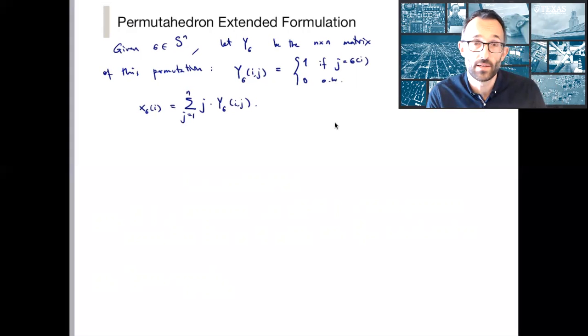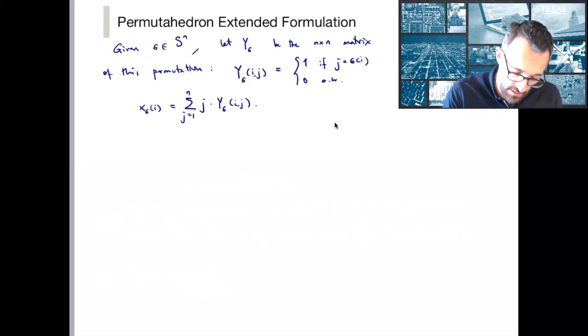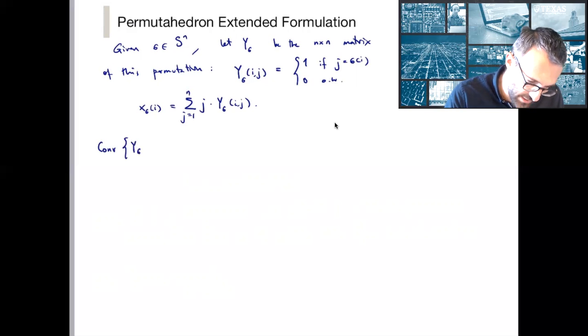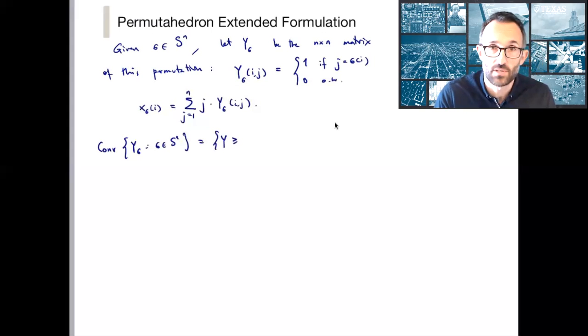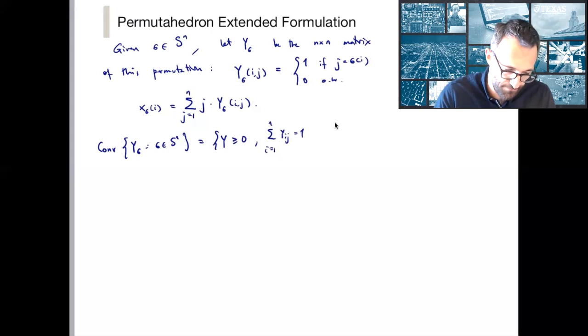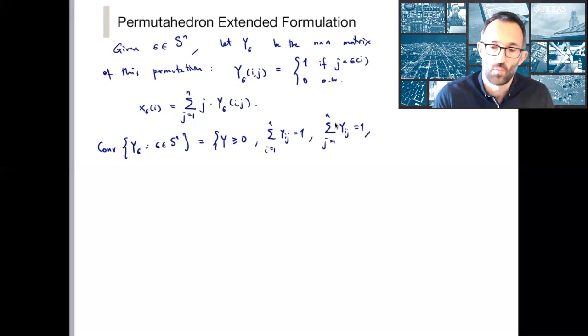Now let's look at what is the convex combination of all y sigmas. Again, this is what we've already seen, what we've already characterized. The convex hull of all the y sigmas, where sigma is a permutation, is just given as n by n matrices y that are component-wise non-negative, such that the sum of yij for i equals 1 to n is equal to 1, and similarly, the sum from j equals 1 to n of yij is equal to 1.